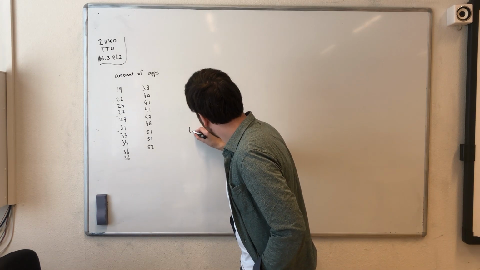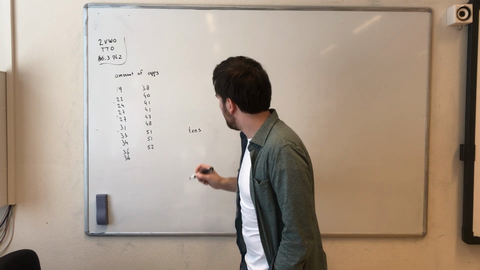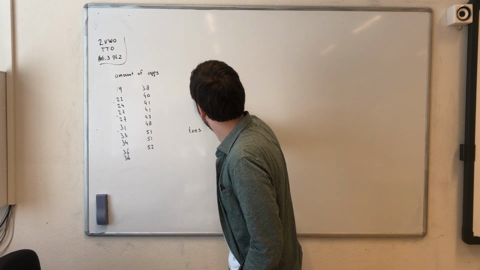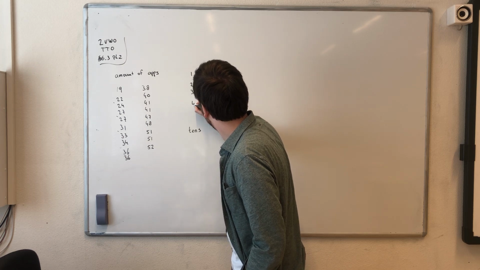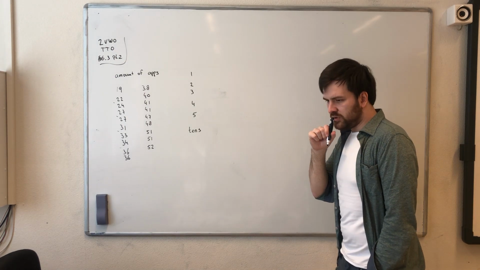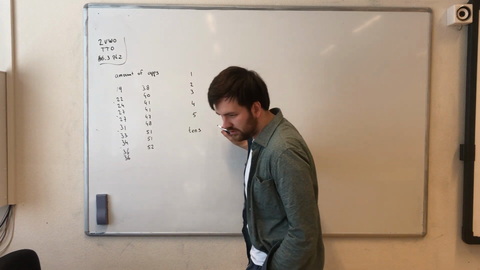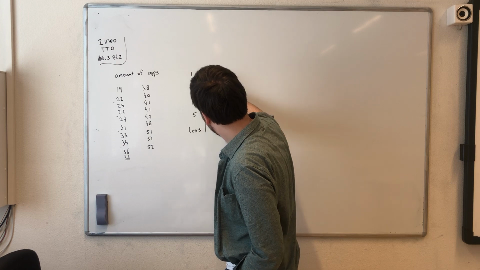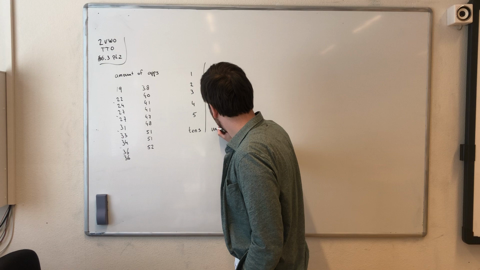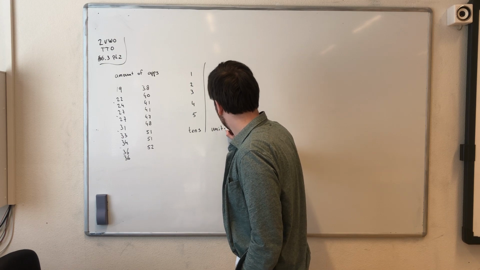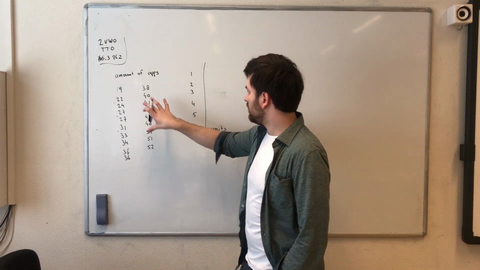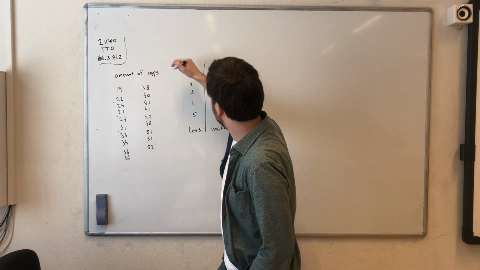Using tens, and we're using the following tens: 1, 2, 3, 4, 5. Okay, then we're also using units. And we're going to try to write all of these numbers in this stem and leaf diagram.